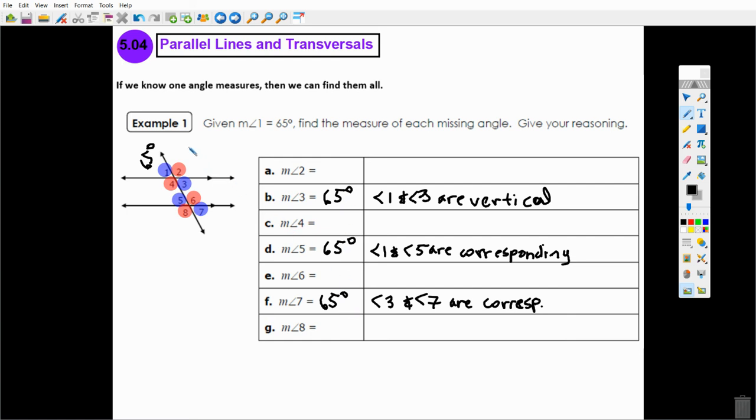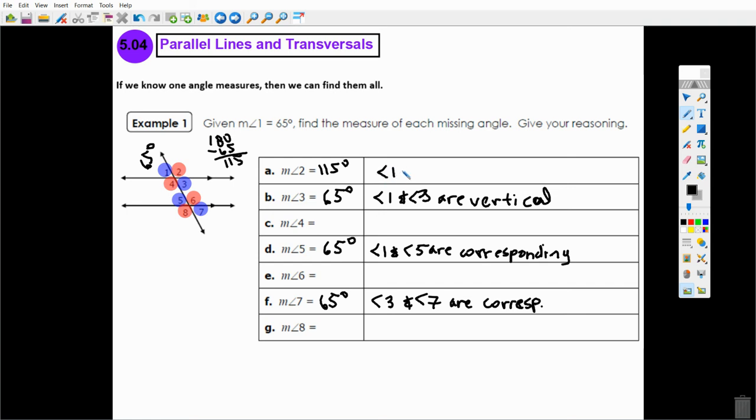Now we can go to angle 2 and 4. I know that angle 1 and angle 2 are a linear pair. So if I take 180 and subtract 65, we get 115. That's what angle 2 is, 115.